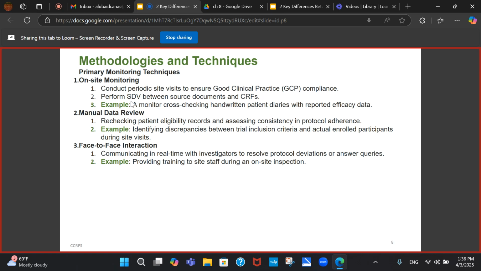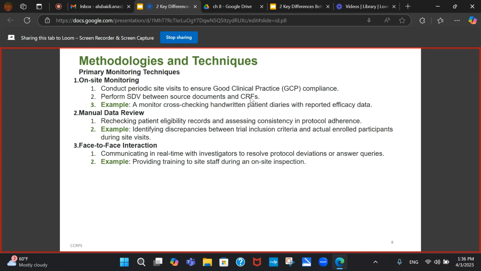So here, source documentation verification, SDV. The monitor who is conducting the in-person, physical, on-site monitoring visit is comparing the data that was captured and documented within the source of the site, because the source documentation belongs to the site that is conducting the trial.